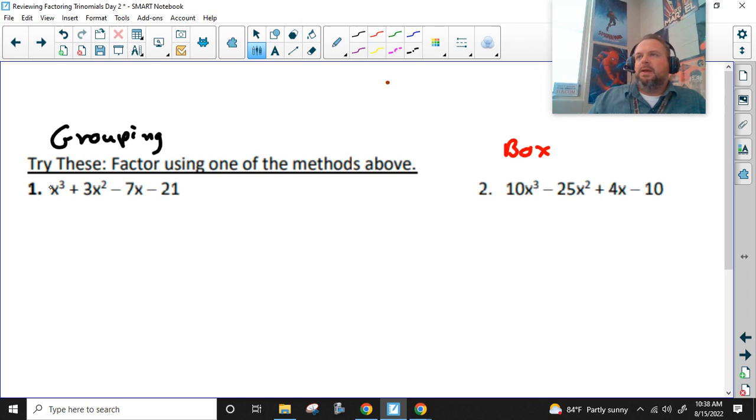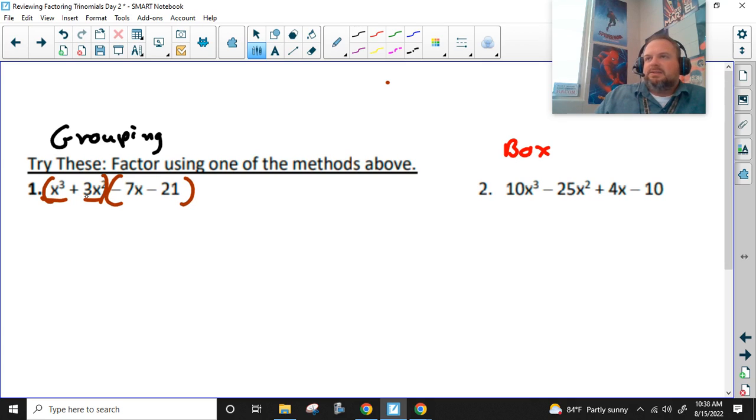First thing you do is what? Yeah, group them in parentheses. Now, something kind of important. You see I grouped that negative right there? That might be important. Okay. So let's look. We have x to the third and 3x squared.